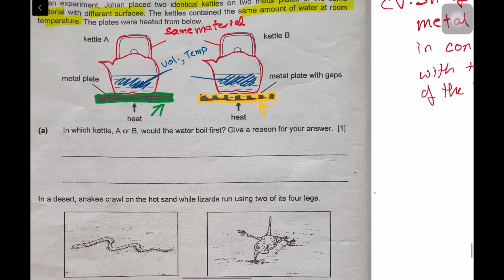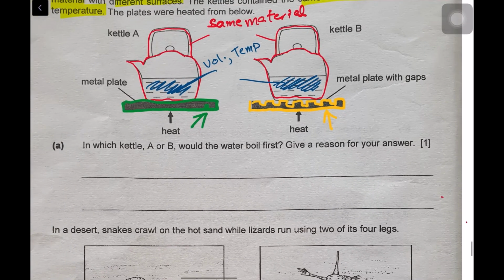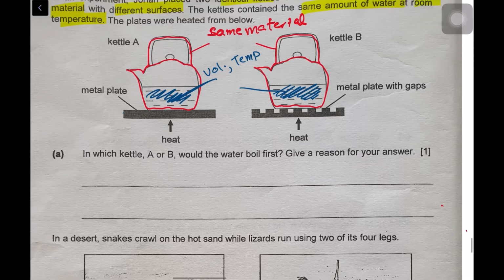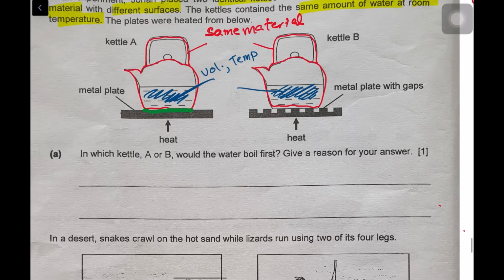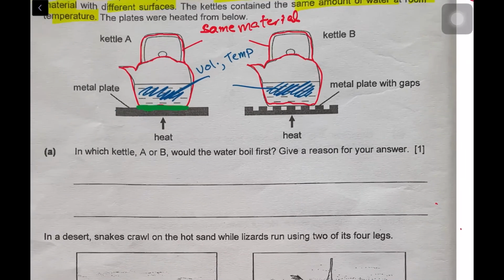So if you observe kettle A, let me erase this too for clarity. Plate A has a larger surface area in contact with the base of kettle A over here, whereas for plate B, there are many gaps, or you can say grooves, on the metal plate.